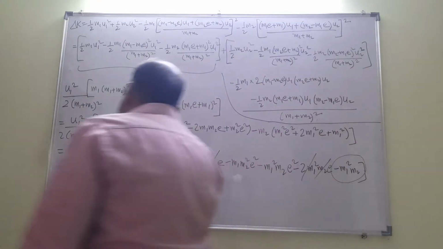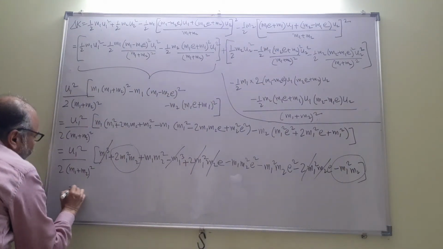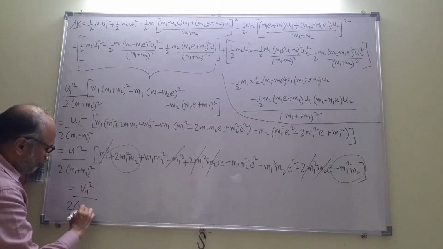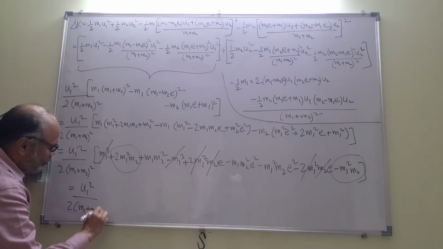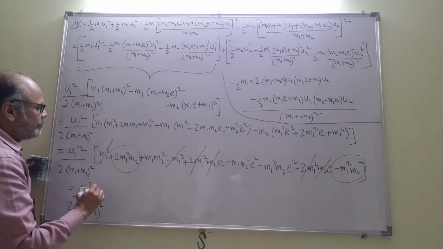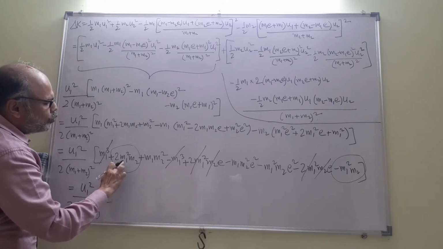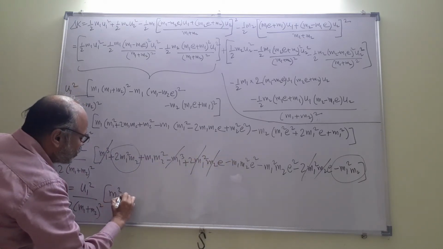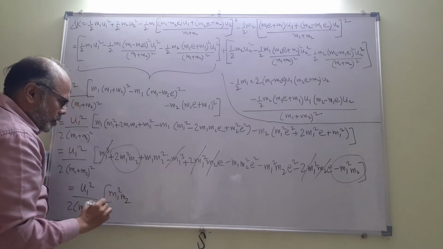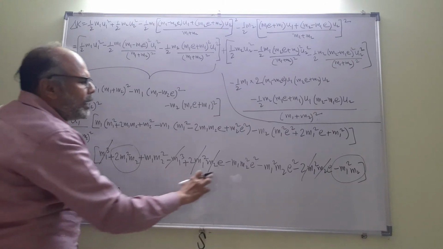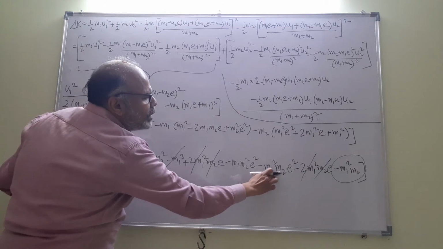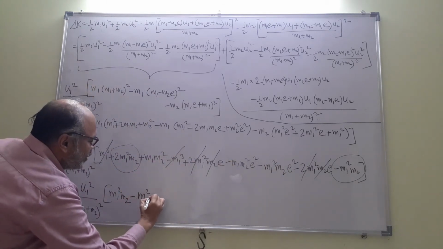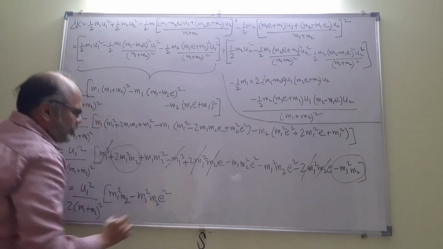So let's club that. So that will be u1 squared by 2 (m1 plus m2) the whole square, and here you will have 2 m1 squared m2 and minus m1 squared m2, which will be m1 squared m2, and you have here m1 squared m2 e squared, we have a term here.